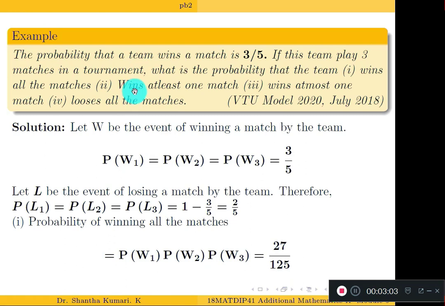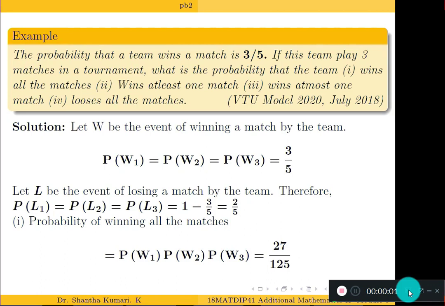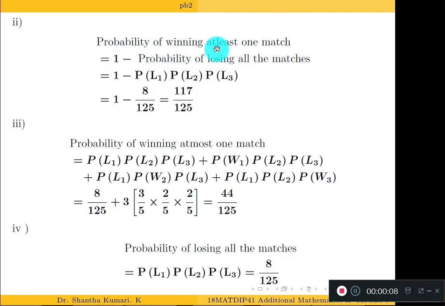Second question, wins at least one match. When 3 events are given to you, what is the notation for at least one? A union B union C. But probability of at least one is nothing but 1 minus probability of none. Probability of winning at least one match means 1 minus probability of not winning in any match. That's the meaning. Losing all the matches. None means not winning in any matches.